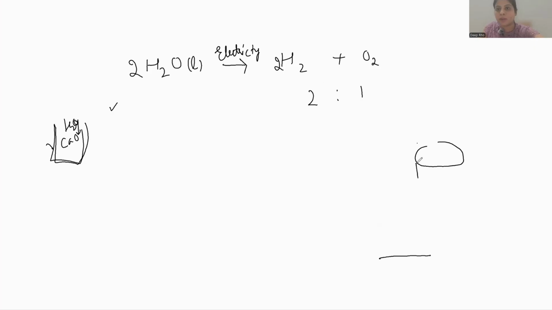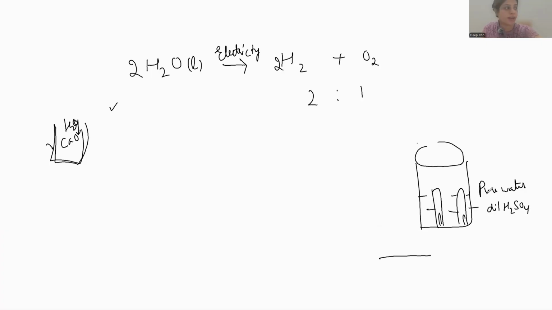For this, there is an apparatus setup in which two electrodes are there. One is the anode, another one is the cathode. In pure water, we have to add a few drops of dilute sulfuric acid. See, pure water is a poor conductor of electricity.